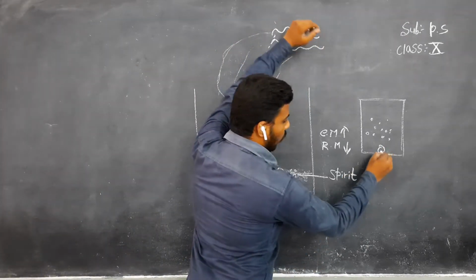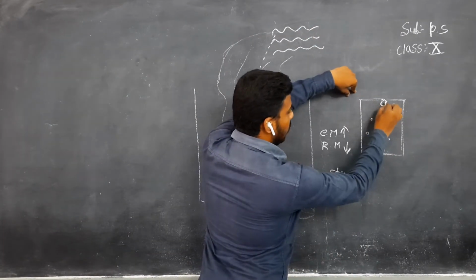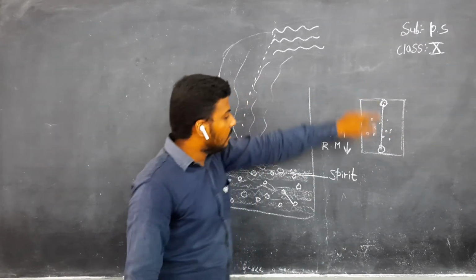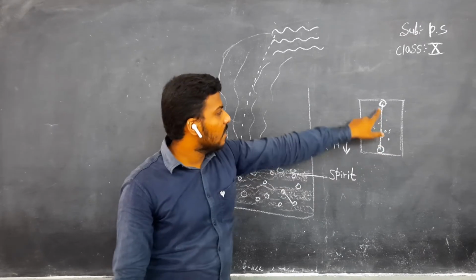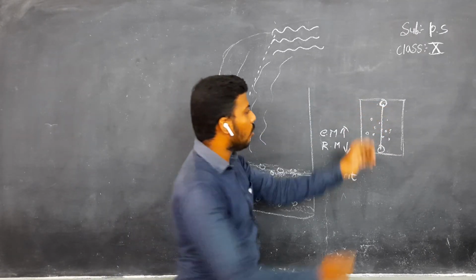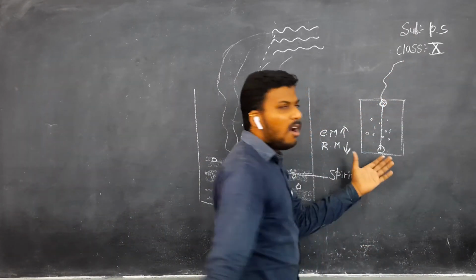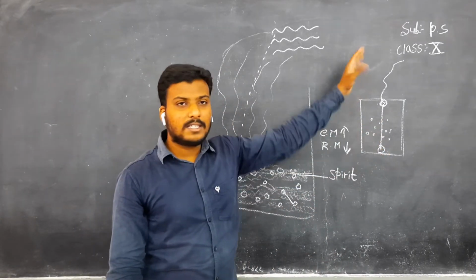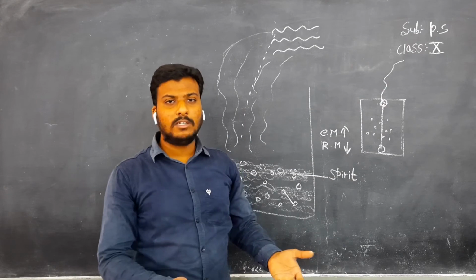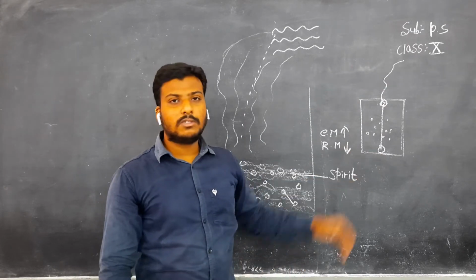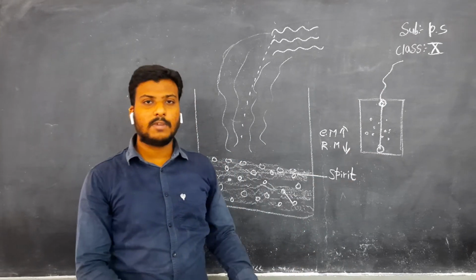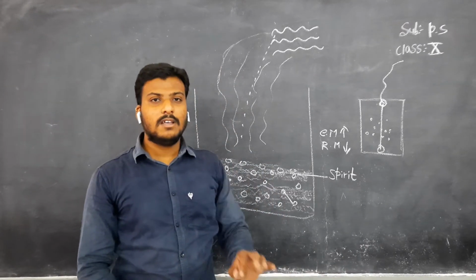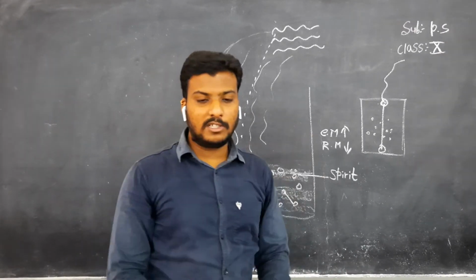This molecule loses its energy and the other gains the energy and flies off into the air. All molecules do the same process and escape. After a certain time, the clothes get dry. By the same concept, the floor also gets dry after a few minutes. This is the reason. We'll see the definition in a few minutes, children.